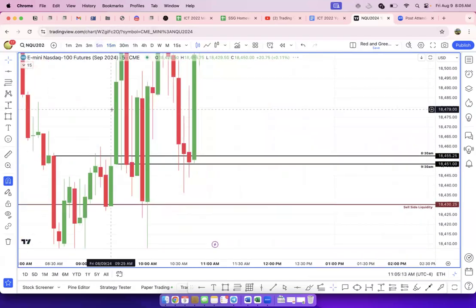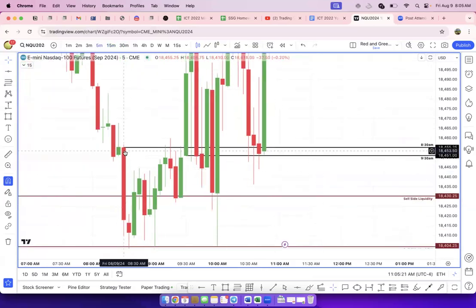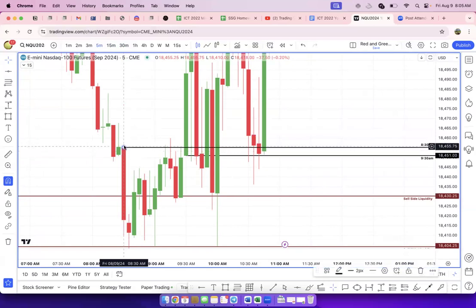Here you go. So this is our 8:30 candle. I have my horizontal ray and I am attaching it to the top of the candle body.